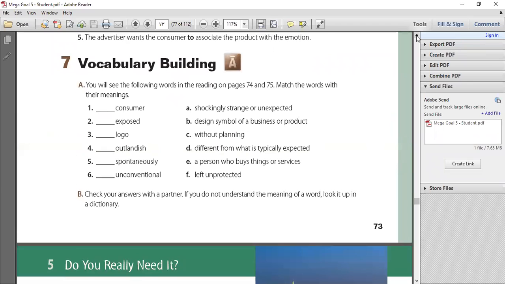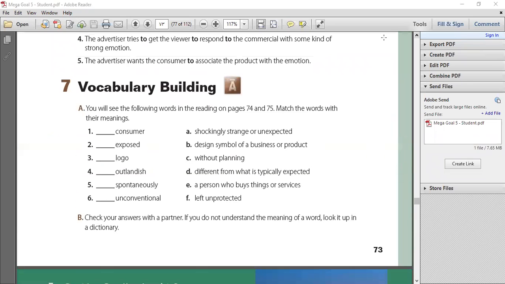Here we're going to match the words with their meaning. We have consumer, exposed, logo, outlandish, spontaneously and unconventional. Do you want some time to answer? To think about the answers? Yes. Okay, I will give you 2 minutes.